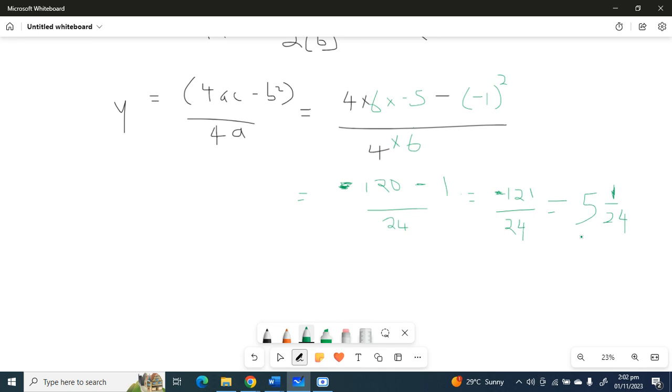Okay, we can leave it as a mixed number in fraction form. If we want, we can also put it in decimal form, in terms of decimal places. That is also okay. So the coordinates of our turning point in fraction form: our x coordinate was 1 over 12, and our y coordinate is negative 5, 1 over 24.